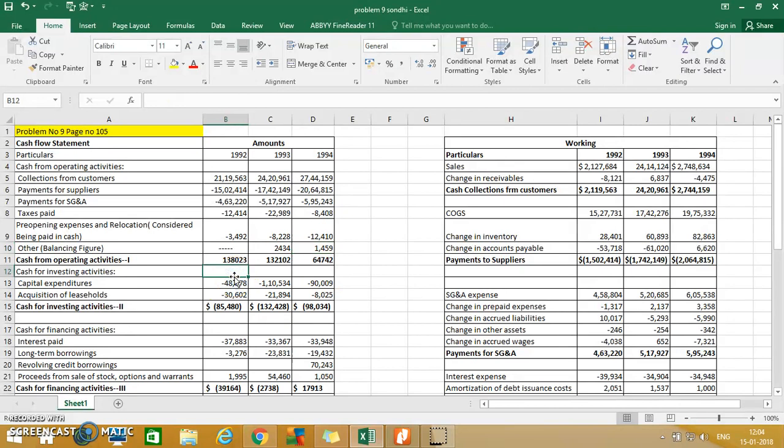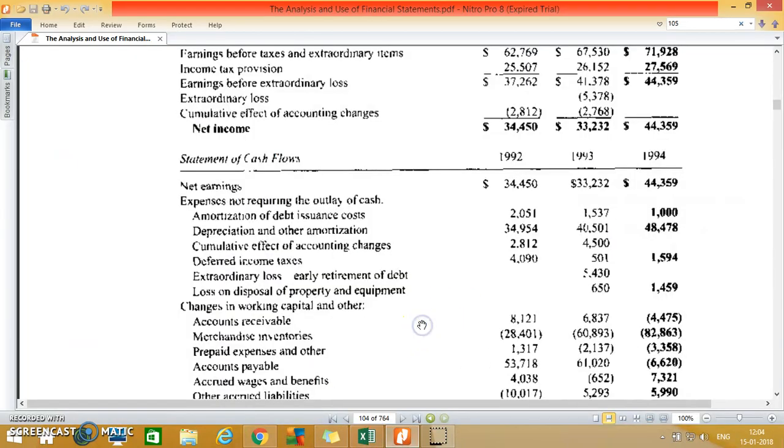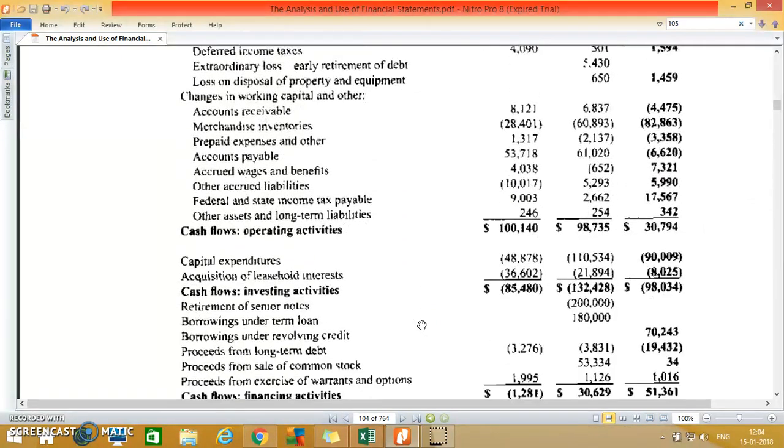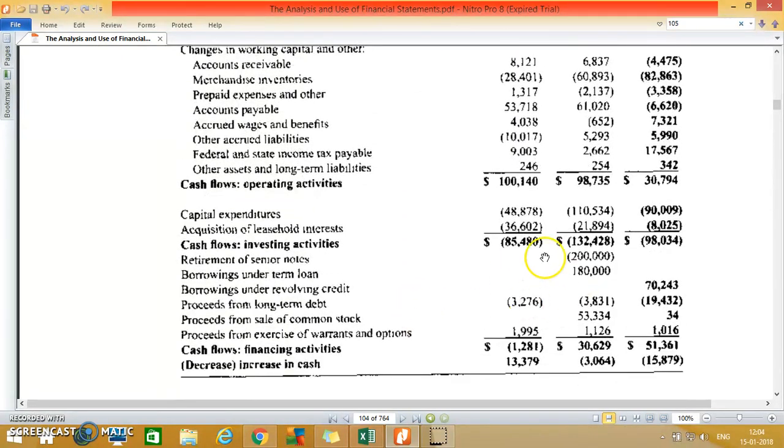And now I have picked up the cash from investing activities directly from the problem that has been given. I have just summed it up here because, as I said, your investing activity and financing activity are directly as per the direct method. So this I have summed up.